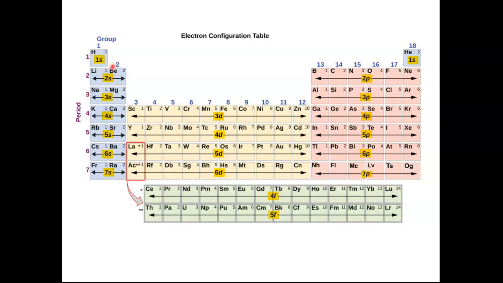These are S's. So we fill the 2s, 1 electron and 2 electrons, and then the 2s gets full, and then 1, 2, the 3s gets full, because remember, the maximum number of electrons an s orbital can have is 2. So s orbital, 2 electrons. P orbitals now, these can have 6.